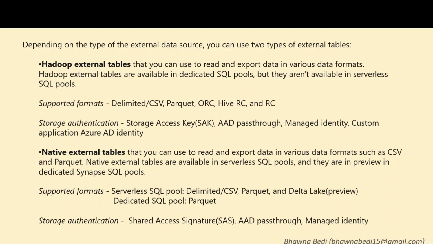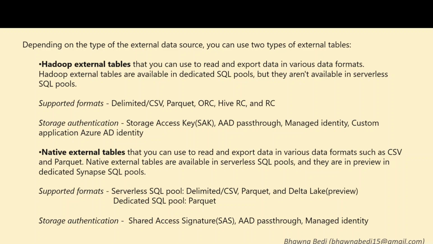Now, Hadoop external tables and native external tables have a major difference. Which table to use only depends on your data source. So if your data source is like a CSV, Parquet, ORC, Hive RC, in that case, you can go ahead and create a Hadoop external table. But in case you have your normal CSV and Parquet file, in that case, you can go ahead and create your native external table.